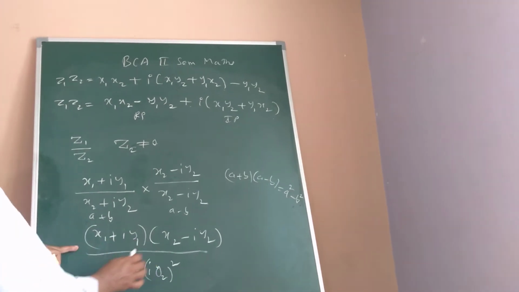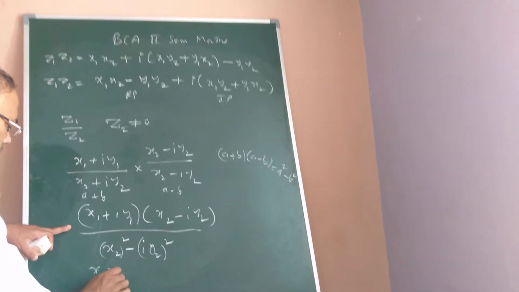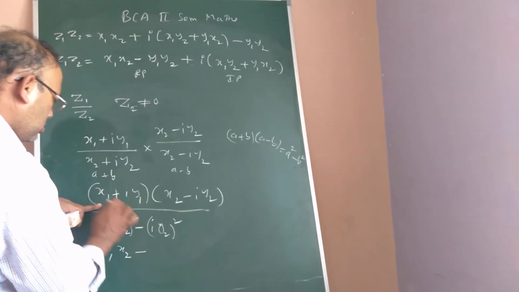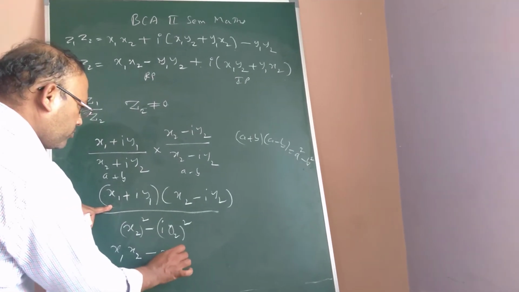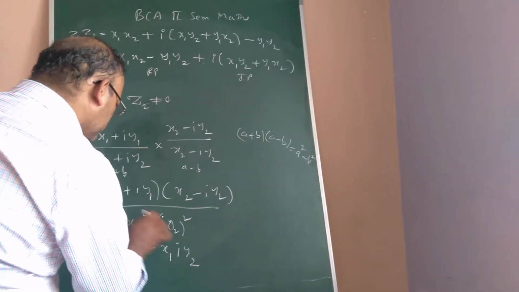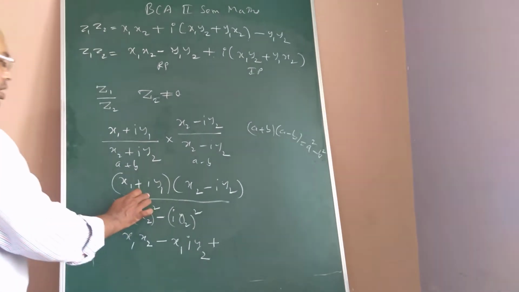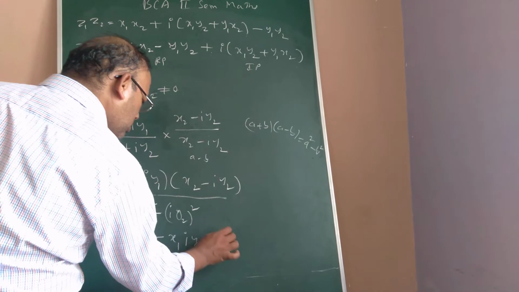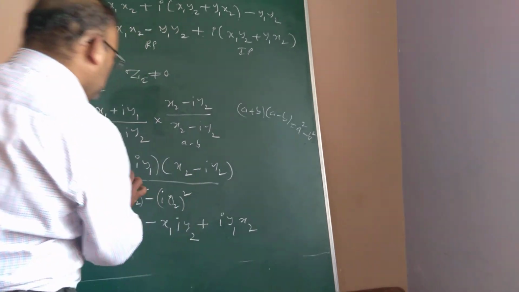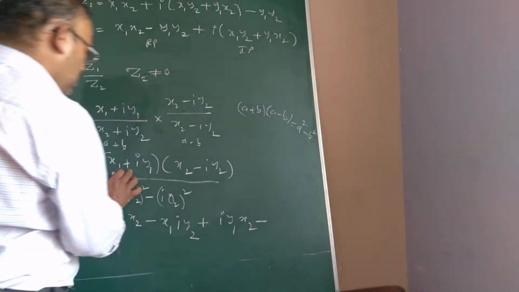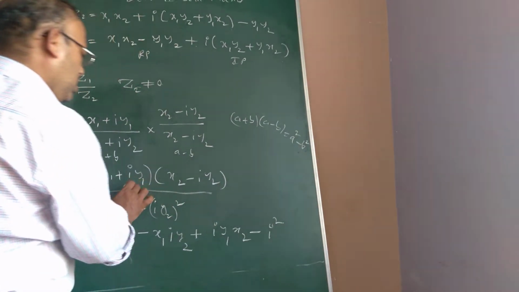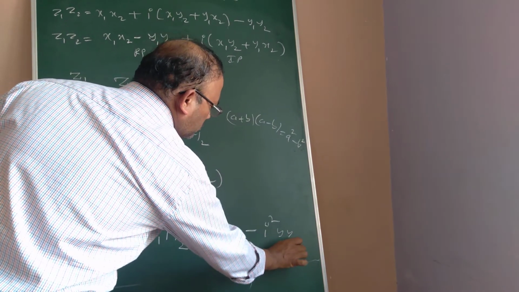That is x1 into x2, that is x1 x2, plus x1 into minus i y2, plus i y1 into x2, plus i y1 into minus i y2, which is minus i square y1 y2.